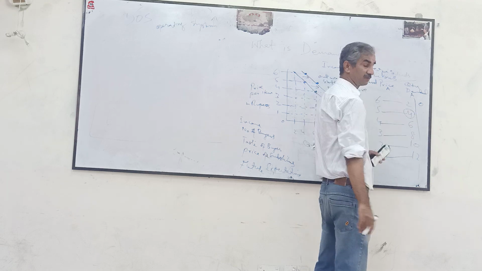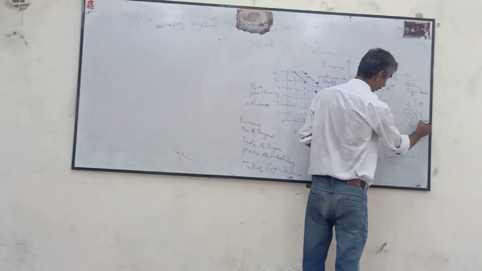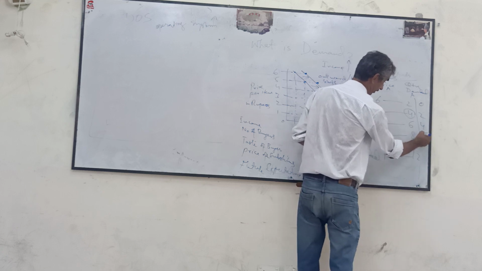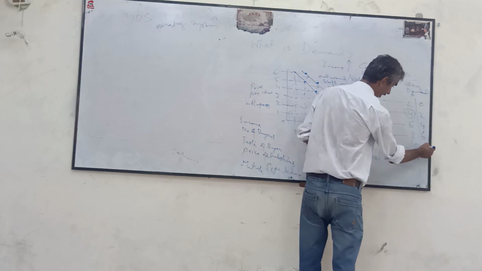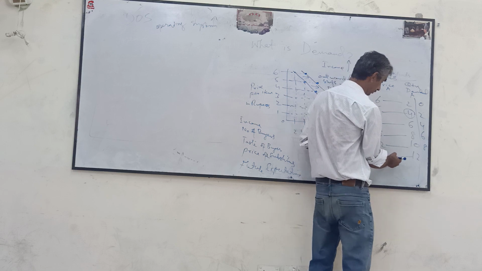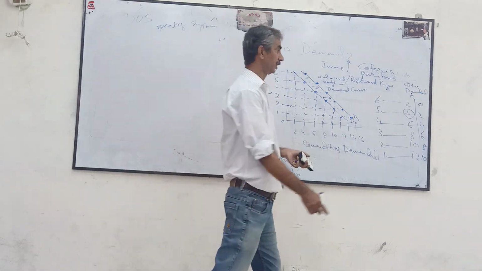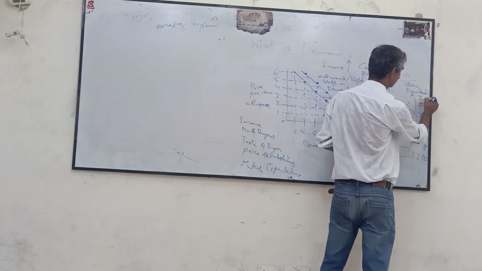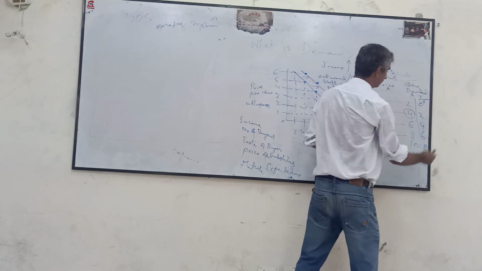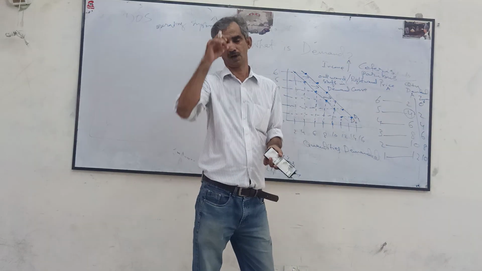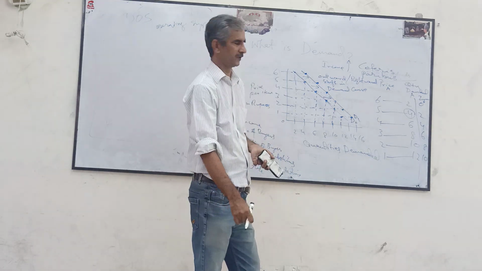At 5, previously the person was able to buy 4, now 2. At 4, now buying 4. At 3, now buying 6. At 2, now buying 8. And at 1, now buying 10. So you can see that when income falls, the quantities also fall.